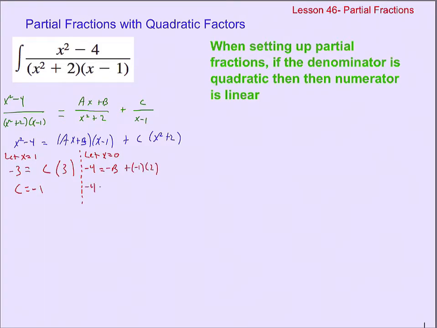So negative 4 equals negative B minus 2. And so if we move some things around there, move the negative 2 over, and then change the signs, we can solve for that and say that B equals 2.